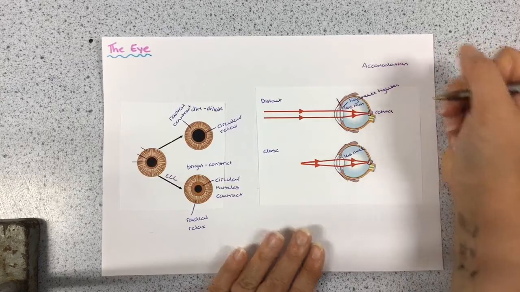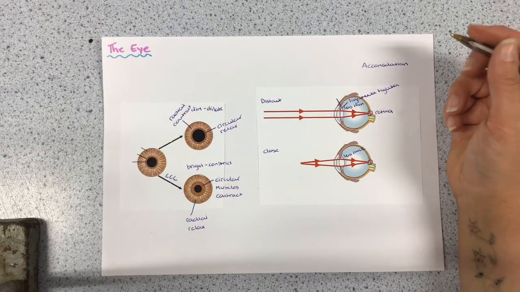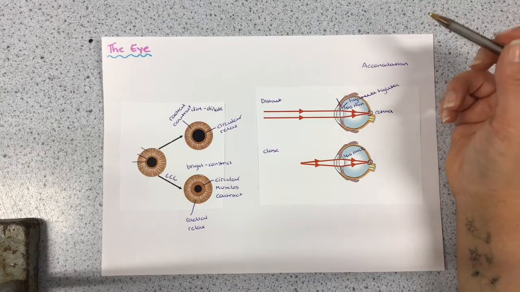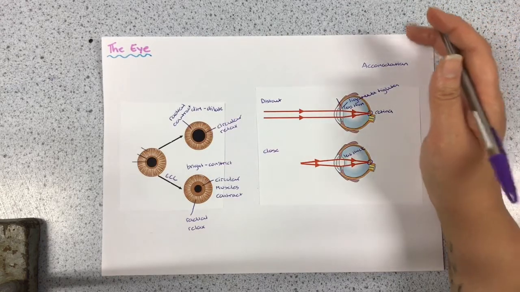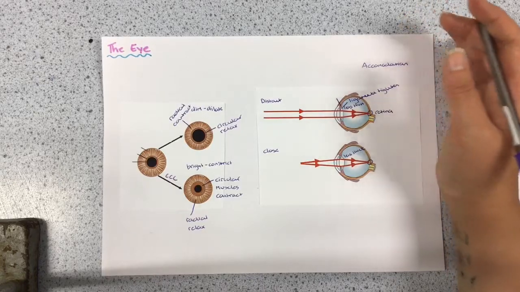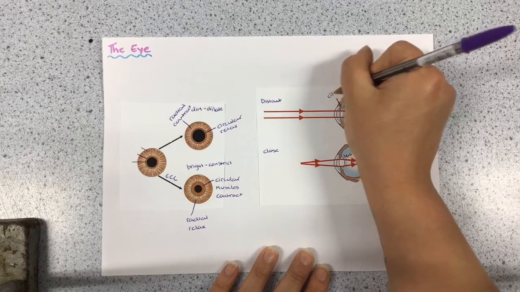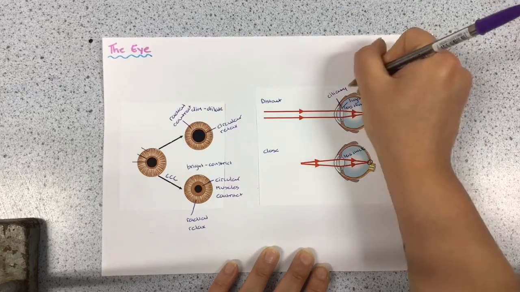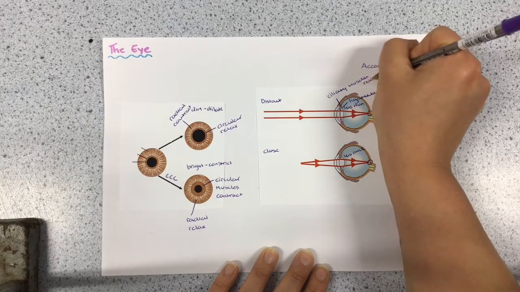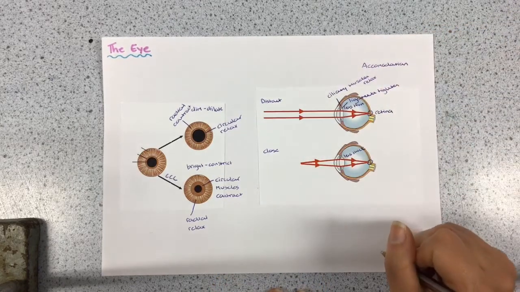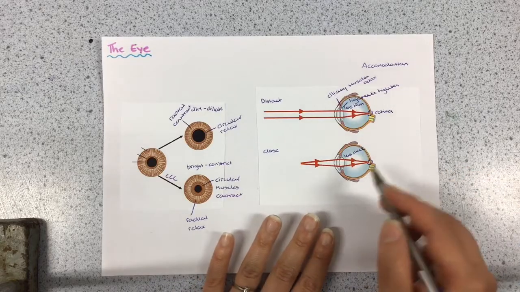And in my brain, what I want to say is that what would cause that would be the ciliary muscles contracting, but that is the absolute opposite. Your ciliary muscles relax, which makes your ligaments tighten, which is what I would think to be the opposite way around. So that's why it always confuses me.